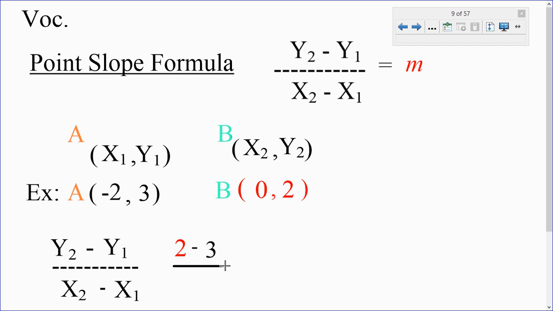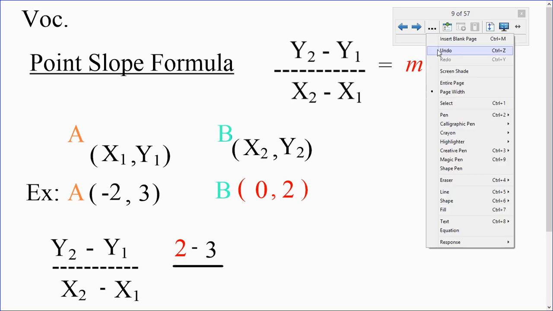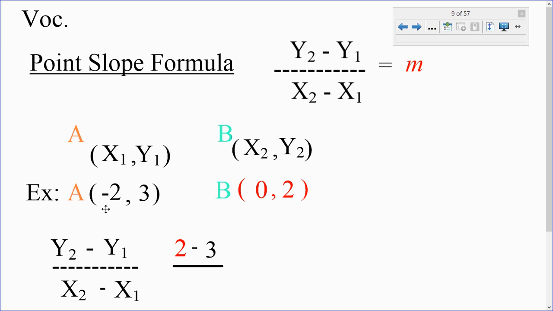Okay, and that's going to be over my x point, which is my x2, which is value of 0, minus my x1 coordinate.